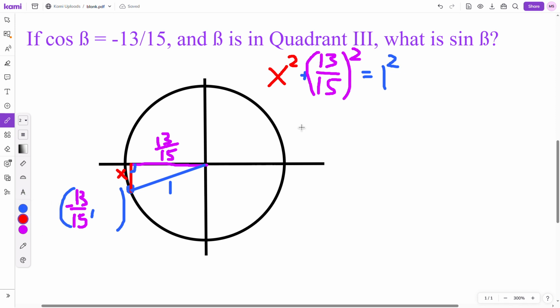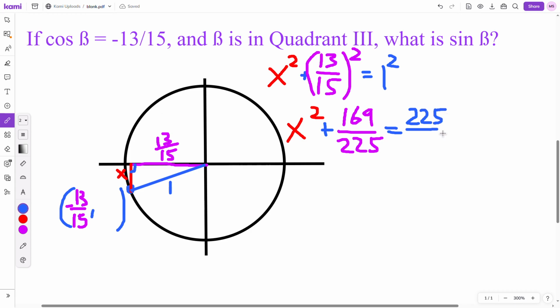And if we expand that a little bit, we get x squared plus 169 over 225 equals 1. But 1 we're going to call 225 over 225 because that'll make the subtraction of the fraction easier.